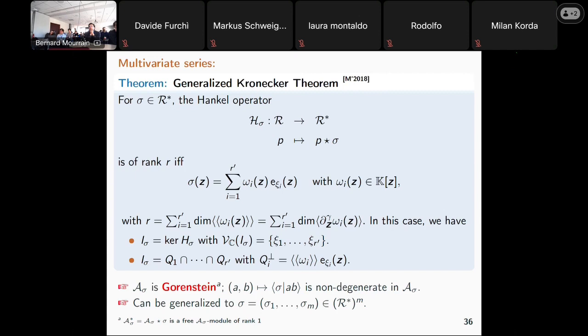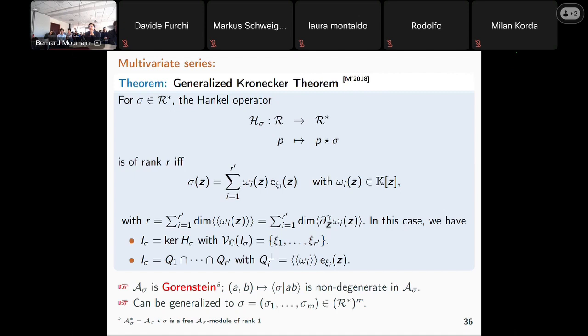And we have in particular this property that A sigma is, so what is A sigma? A sigma is the quotient of R by I sigma, and it is Gorenstein, meaning the dual is generated by a single element, which is in fact sigma. So it's a free module, A sigma is a free module of rank 1.